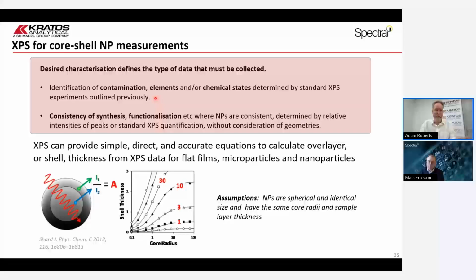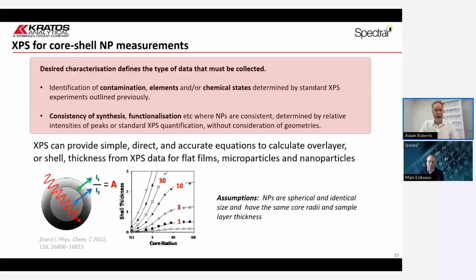Have you washed them? Has the synthesis been successful? Have you functionalized them? If you're looking at a core-shell nanoparticle, we can use XPS in this idealized model to look at the shell thickness.